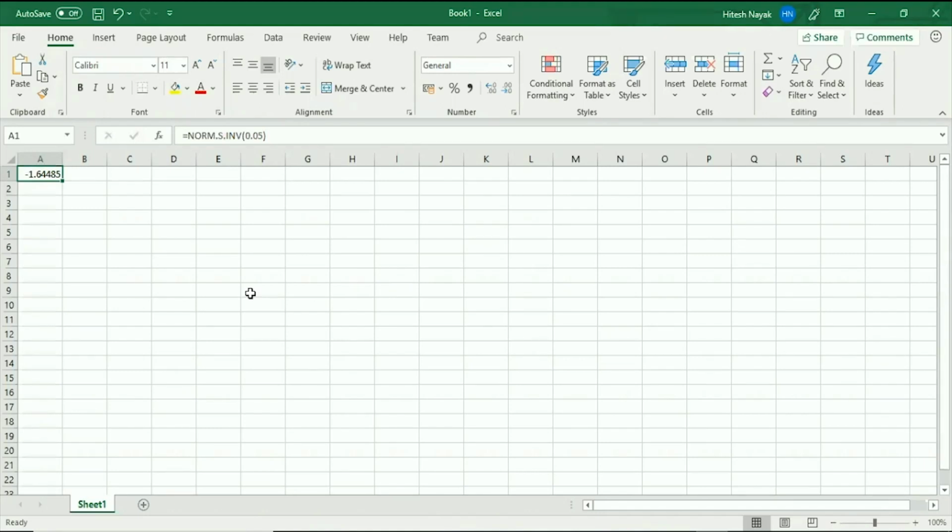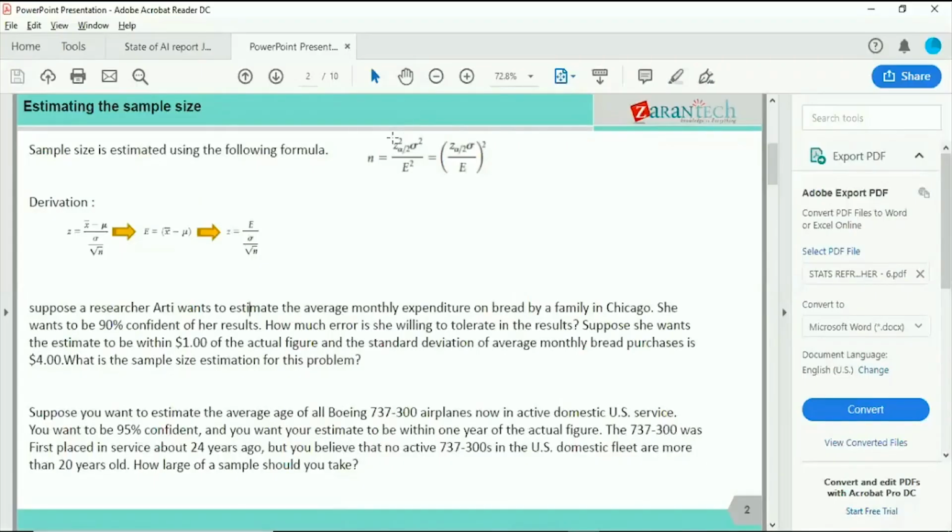Yeah, because this is alpha by 2, no? Yeah, 1.65 you can use. Oh, now we need to do the square of the whole thing. Sorry. Yeah. $43.28.